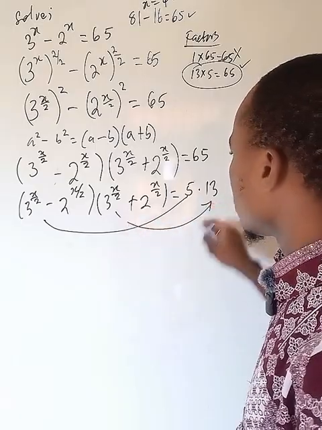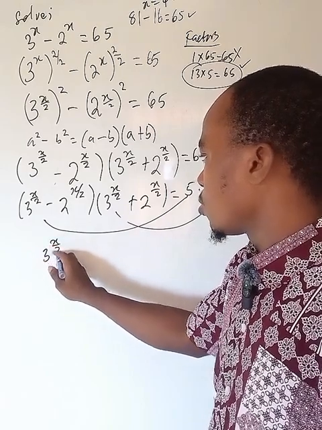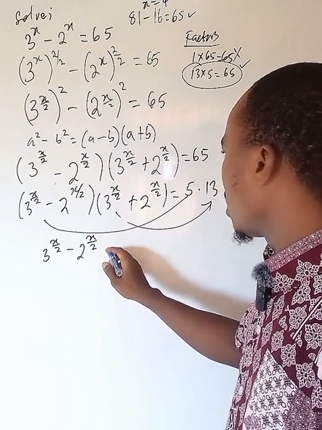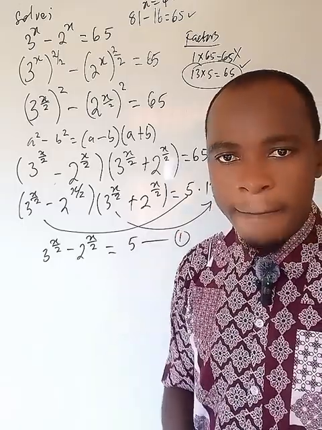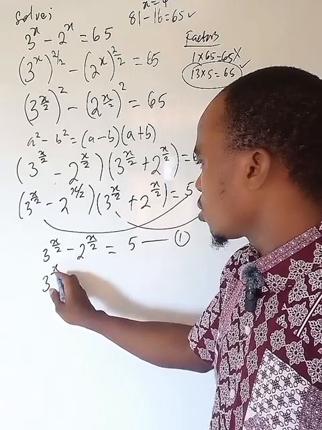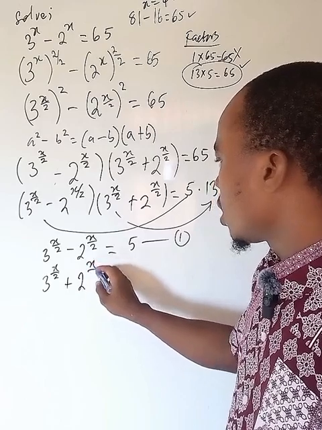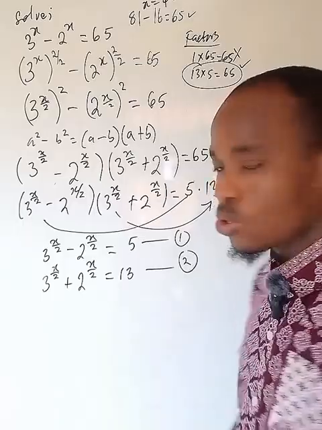So you can see this will be equal to 3 to the power of x over 2 minus 2 to the power of x over 2, and this equals 5. This is equation 1. Are you following? Now we do the same thing. We have 3 to the power of x over 2 plus 2 to the power of x over 2 equals 13. I have this to be equation 2.